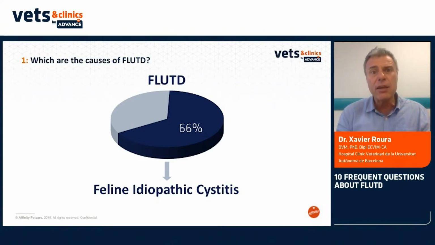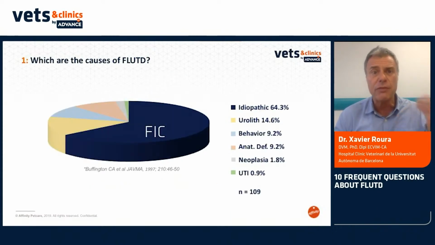Of all the cats that have these clinical signs, more or less 6 or 7 out of 10 cats that arrive at your clinic with these signs have feline idiopathic cystitis. And the rest of the cats, the other part that have these clinical signs, have other kinds of diseases inside feline lower urinary tract disease.